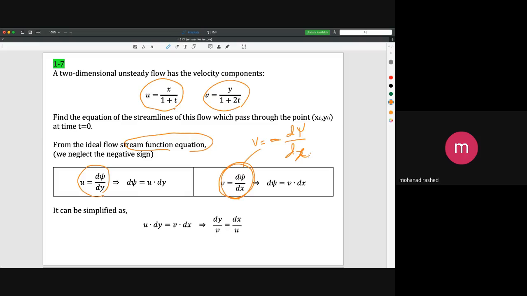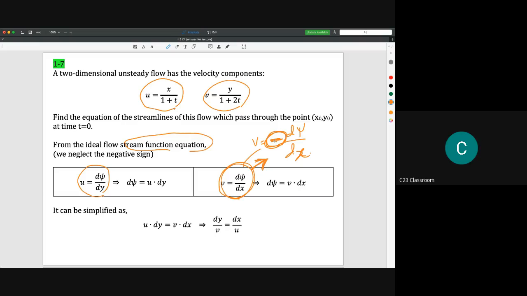Why should we neglect it? Actually I follow the notes inside the textbook. The negative sign here is just to fix the counterclockwise direction. If you see the textbook, it neglects the sign. It is okay for you to put the sign.